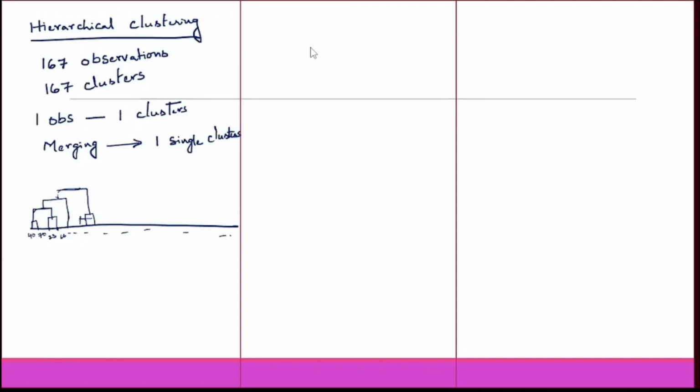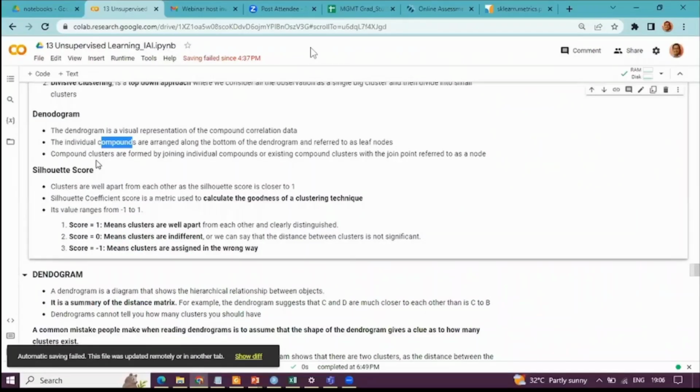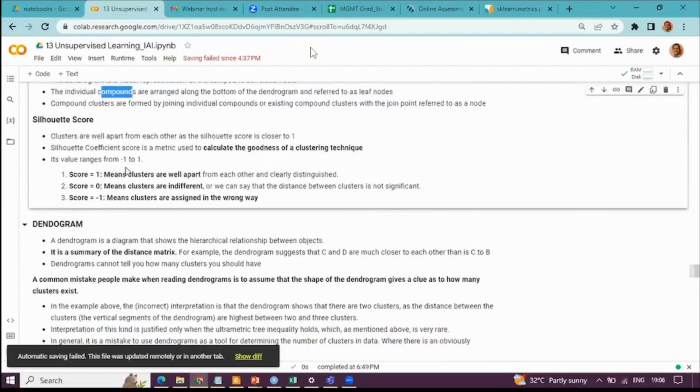All the individual observations will be clubbed, and such a tree format is typically created. This format is typically called your dendrogram. So here also, we can use the same Silhouette score mechanism to see which clusters are close to each other, and what number of clusters is an appropriate solution.